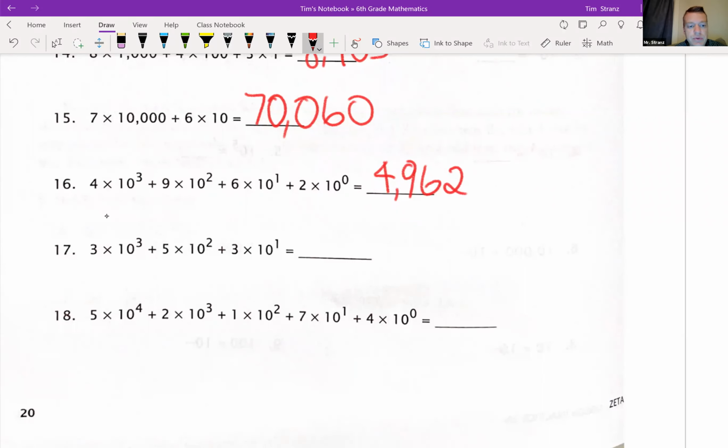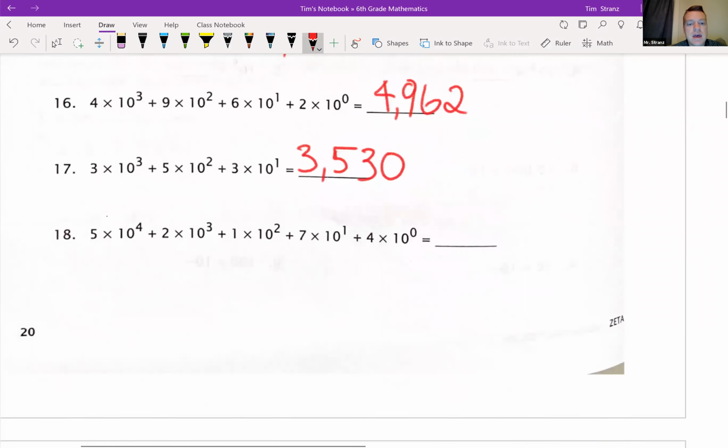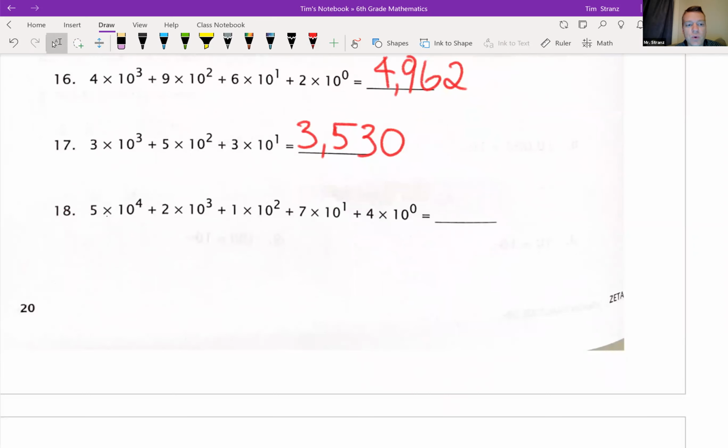Okay, number 17, 3 times 10 to the 3rd, which is 3,000. 5 times 10 to the 2nd, which is 500. 3 times 10 to the 1st, which is 30, and there's nothing in the ones place. And then the last one, 5 times 10 to the 4th, that's going to represent 50,000. In fact, I need to erase that 0.